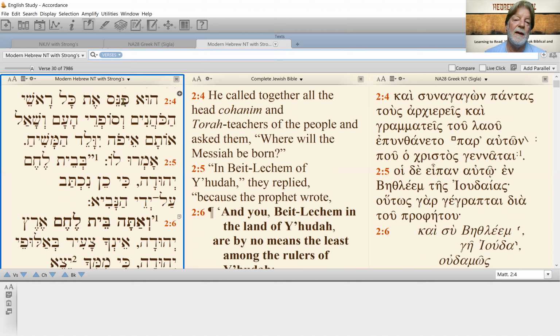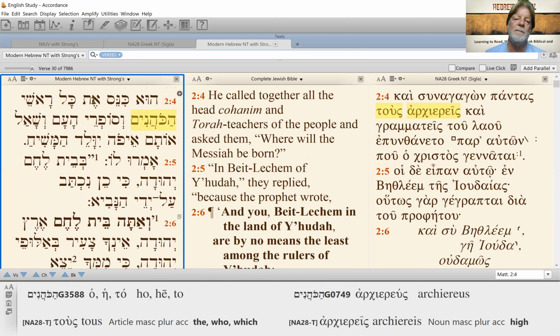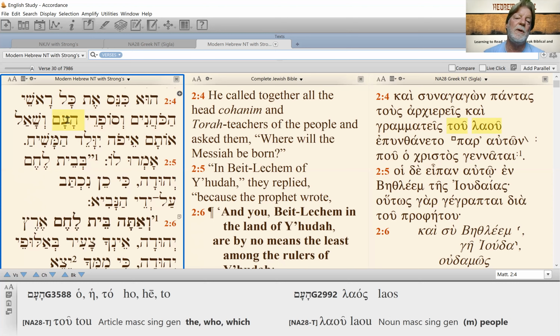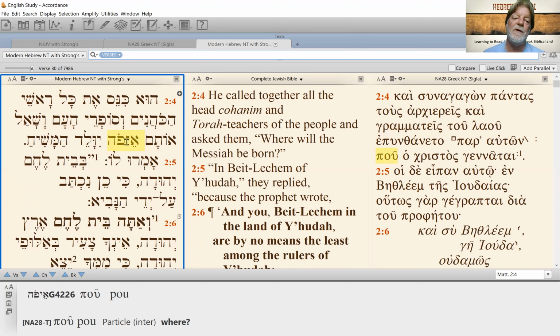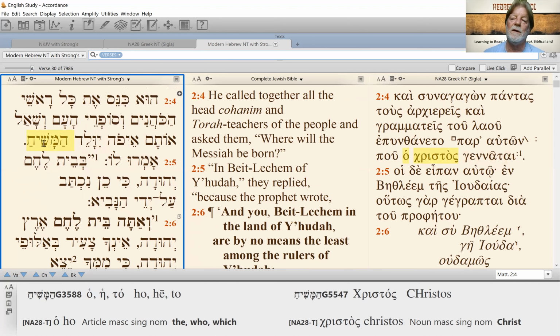So Herod, kinas, he gathered together et kol roshe hakohanim, all the heads of the priests, and the Sophre, the grammates in Greek, the scribes, that's the word I was looking for, the scribes of the people, ha'am, v'sha'al, and he asked otam, them, apho, where yivaled is to be born, HaMashiach, the Mashiach.